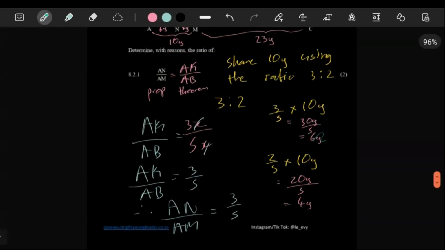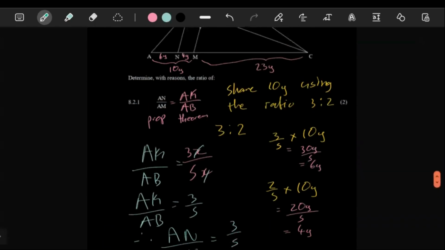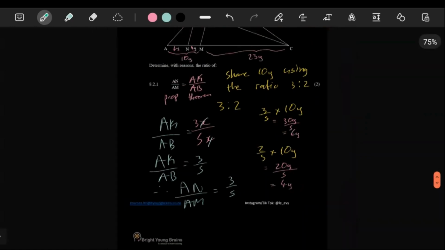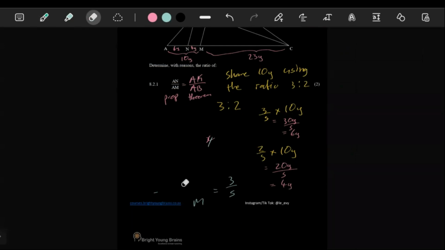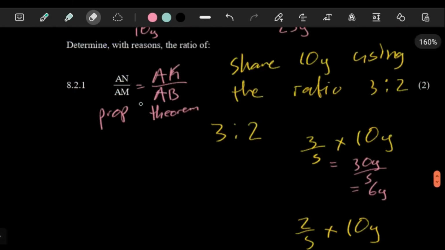Having done all this, we could have still ended up with 3 over 5 if we said AN over AM is equal to 6 over 10. That's another way you could have done the same thing. I'm trying to show you that there are two ways to do this.